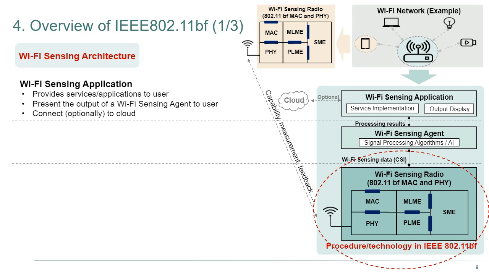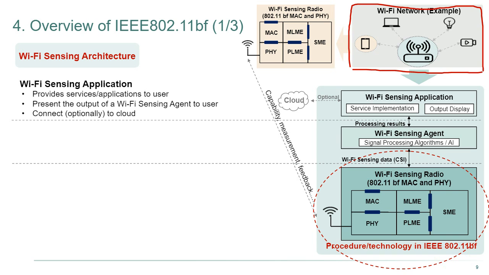Then going to the next 3 slides, which give an overview of the standard. In this slide, I show the Wi-Fi sensing architecture in this big picture. In the right-hand corner, I use one picture showing a very simple example of the network.